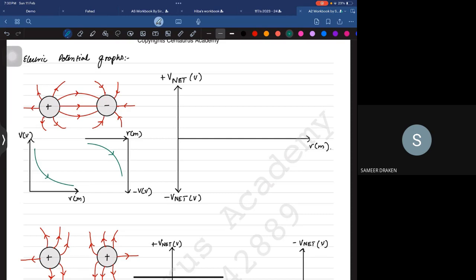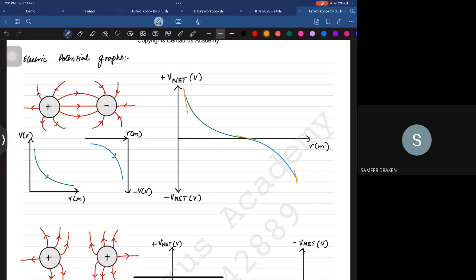If you combine these together, let me draw it with a different color. If you combine these together, basically it looks like something like this. The green side, and then after 0 becomes negative, like that. So this is the net graph for this. And as you can see, no matter what you do, you create a tangent here, here, or here.